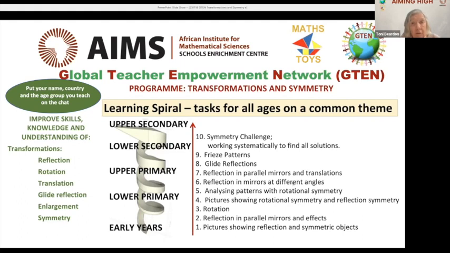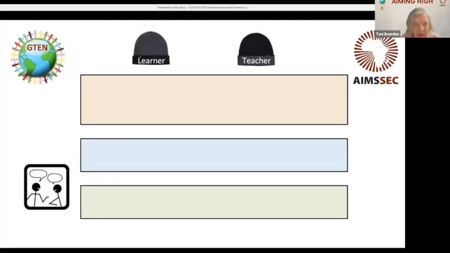Looking at mirrors at different angles and reflection in parallel mirrors. And then this glide reflection, which is a little bit different to the simple reflection. We'll look at frieze patterns, and then you'll do a symmetry challenge, which involves working systematically to find a lot of solutions, all of them, and there are more than 60 there.